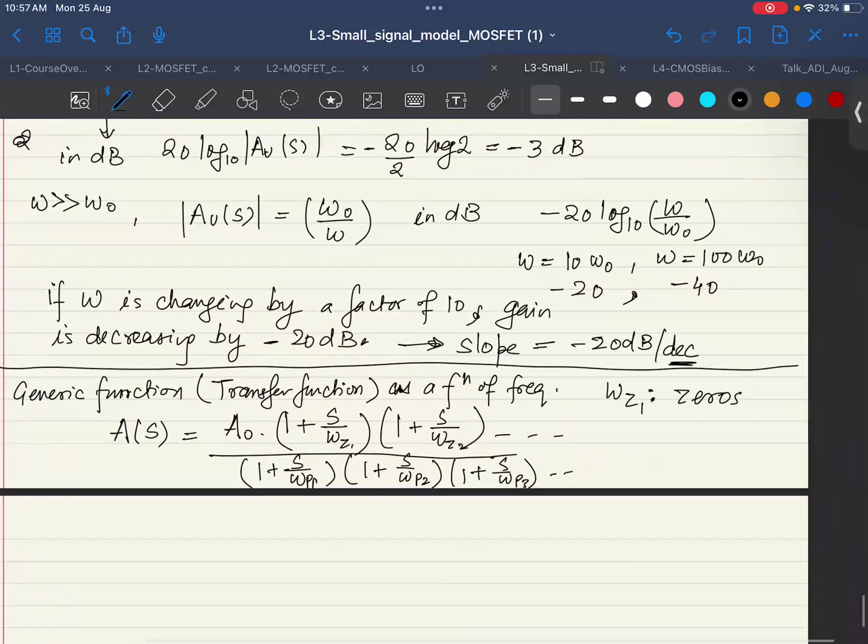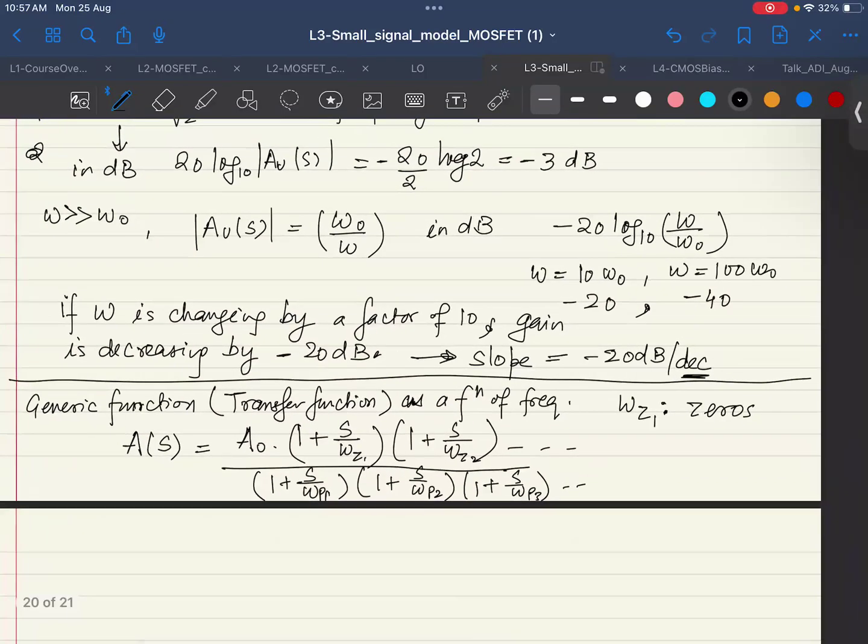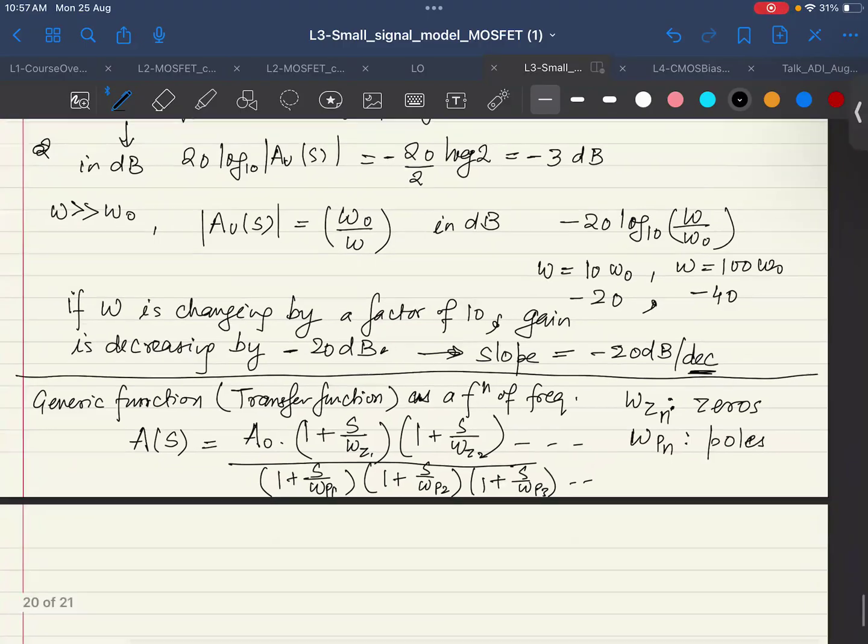And I think you have probably seen this in your basic electronic courses also, these transfer functions. So these are zeros. And the bottom ones, we call poles.